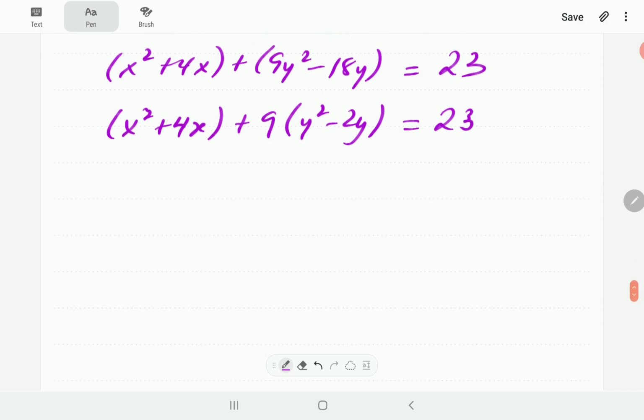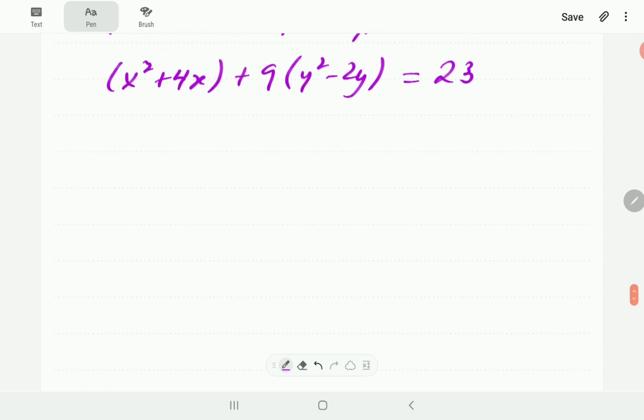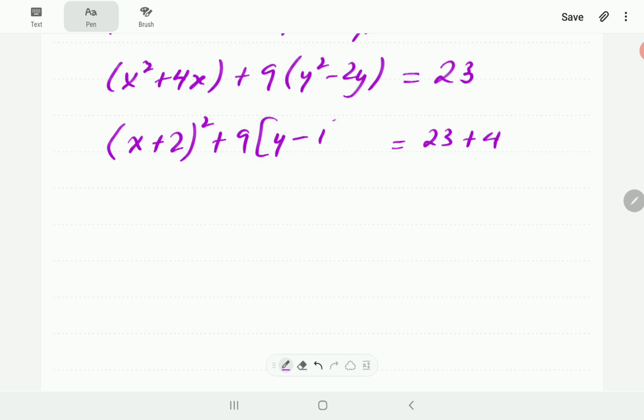Now we can complete the square. So completing the square here is going to be x plus 2 all squared. Then that is going to necessitate adding 4 this side. Then here we complete the square inside the brackets, which is going to be y minus 1 squared.